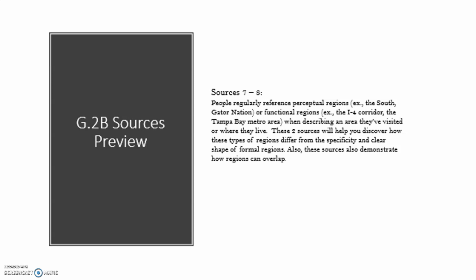These 2 sources will help us discover how those 2 types of regions, perceptual and functional, differ from formal regions. They differ in their specificity. They do not have clear-cut boundaries, and their shape is different from formal regions. We're also going to see how these regions can overlap.